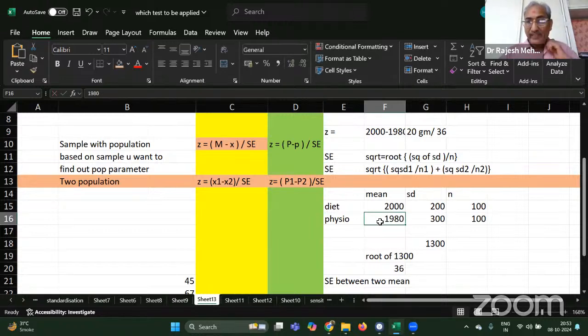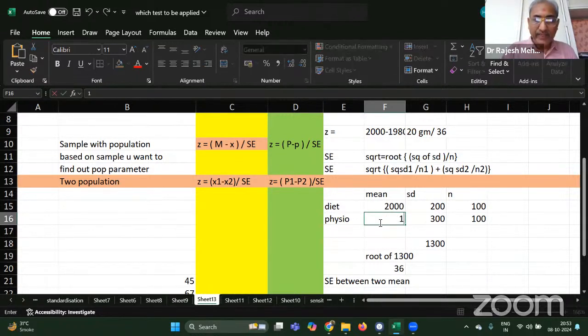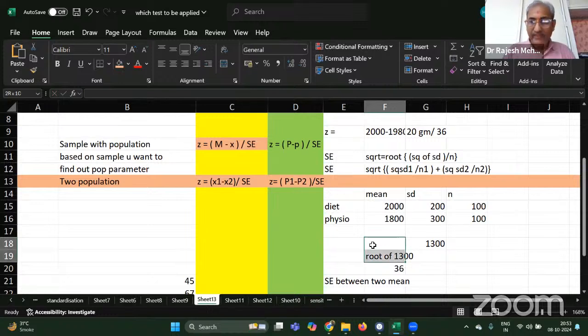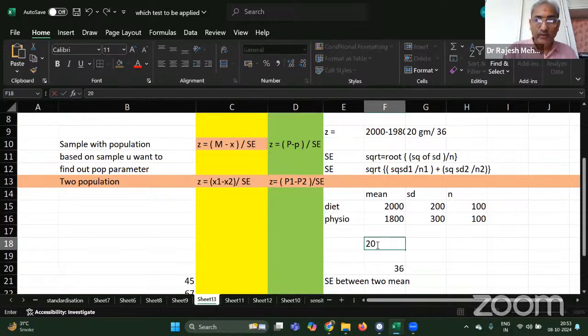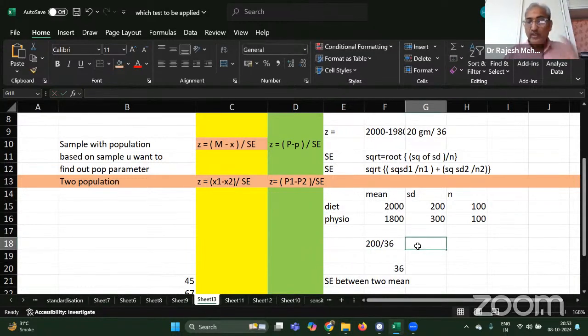But suppose in this case the mean is, say, 1800, right? And if we have the same standard error, for example, 30, it may change, but suppose it is the same 36, then 2000 minus 1800 will be somewhere around 200 divided by 36, then Z will be more than 2, and we say that it is a significant difference.